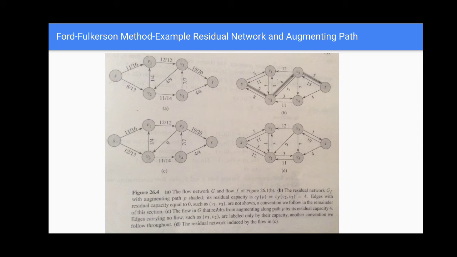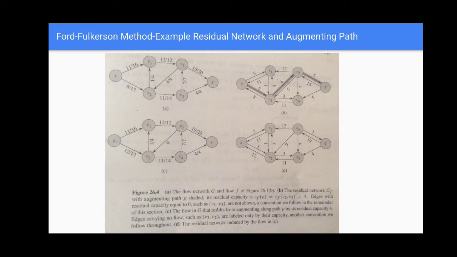And now notice there was in the augmenting path a value of 4 flowing from V2 to V3, but here there is no edge from V2 to V3, but originally there was a flow of 4 from V3 to V2 in figure A. Now as there is a reverse direction flow of 4, we can cancel it, making the flow in the reverse direction, that is V3 to V2, 0.